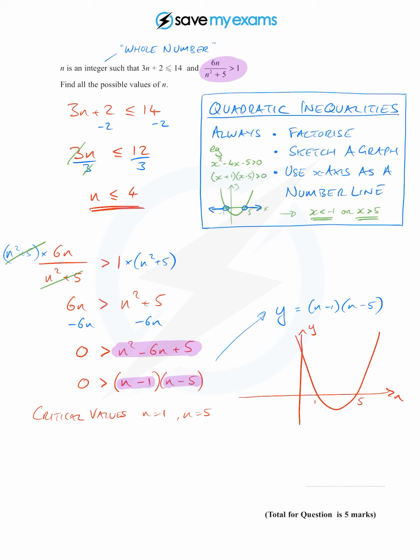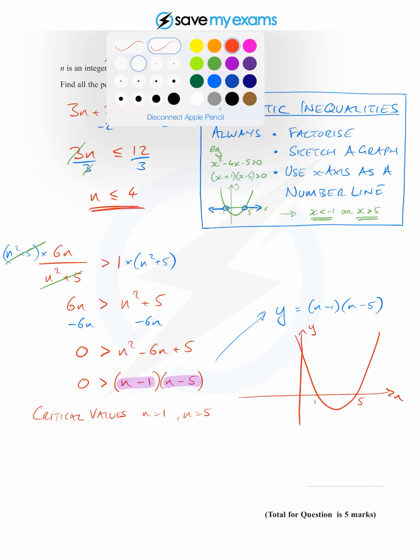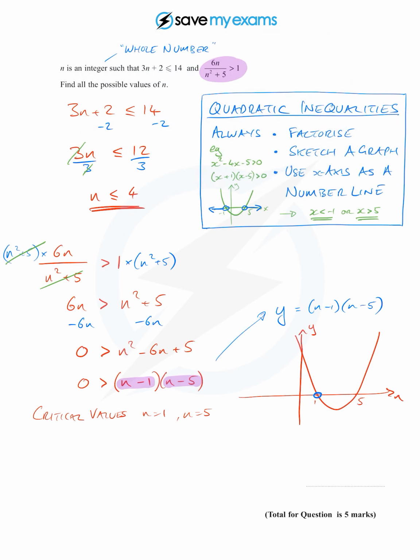In other words, where the graph is below the axis. Where is it below the axis? Well, for these values here, anything in between those 2 points. All points in between 1 and 5, the graph is below the axis. Notice that I haven't included 1 and 5, and I've indicated that by the open circles.